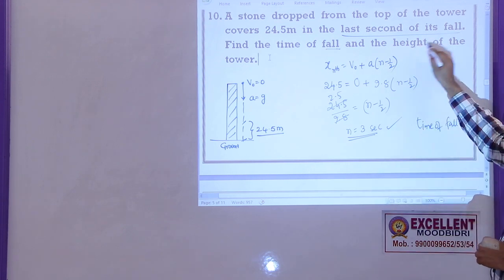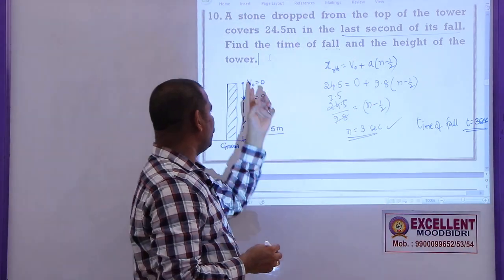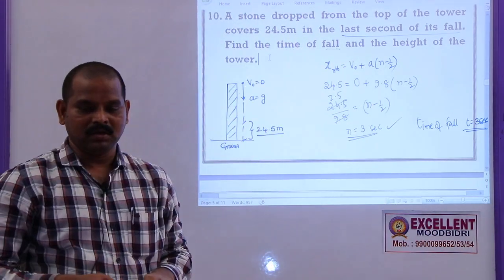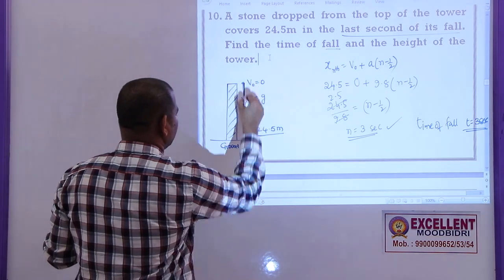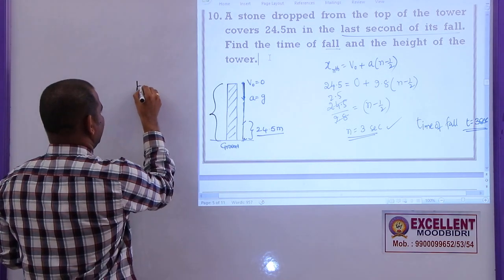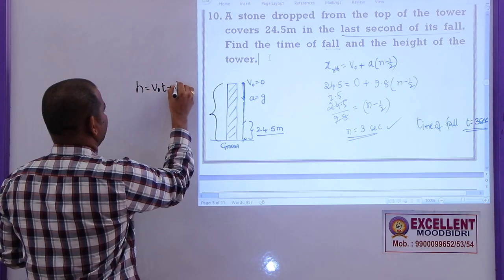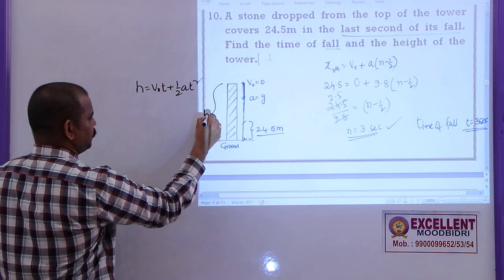Now, second part, height of the tower. If you know the time taken by a freely falling body to reach the point, you can find the displacement here. The displacement of this body is nothing but the height of this tower here. So, here let me take h is equal to v naught t plus half a t square. Here I am taking h, that is height of tower.